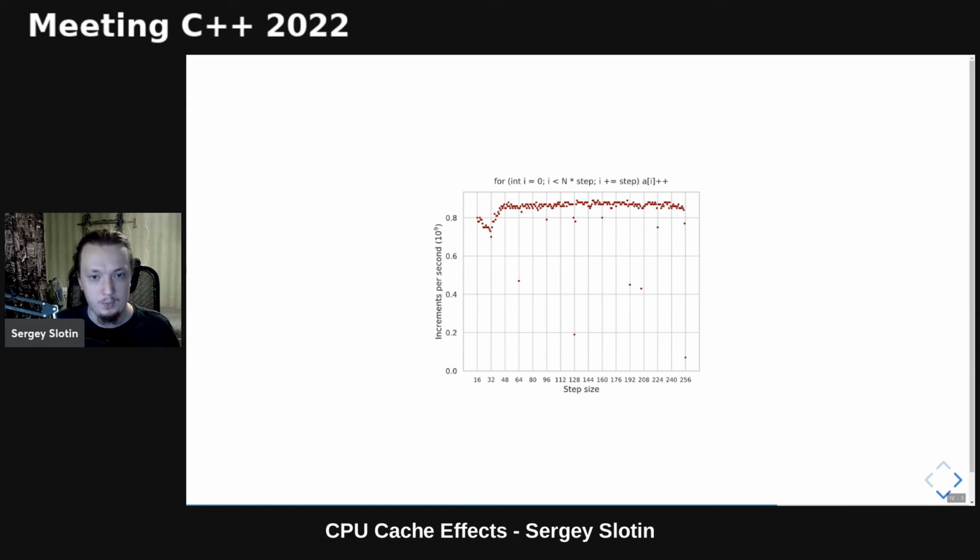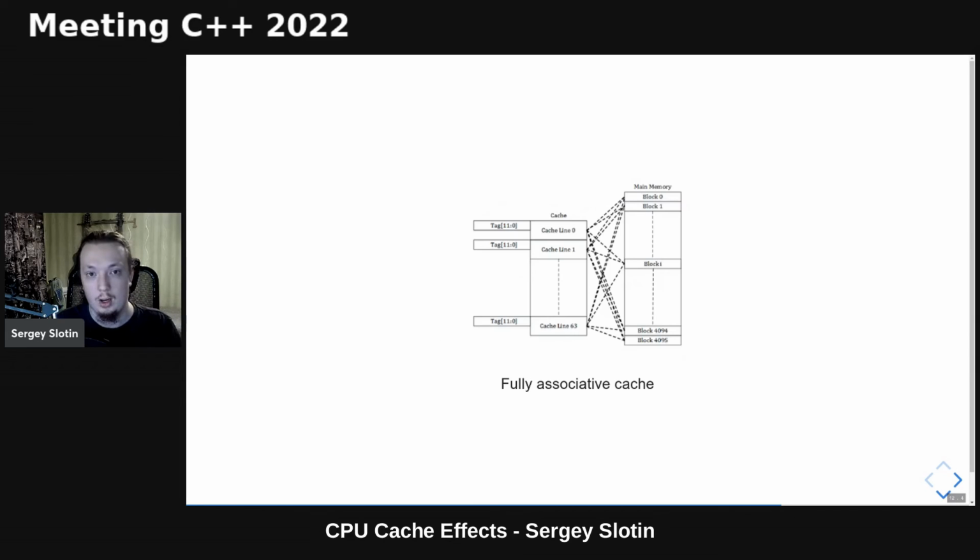So in software, the most common caching strategy is the least recently used policy, where we have some fixed size capacity for cache data, and when we need to add something to the cache, we need to make space for it, and we kick out the element that we have not accessed for the longest time. Hence the name, least recently used cache. In the context of hardware, this scheme is called fully associative cache.